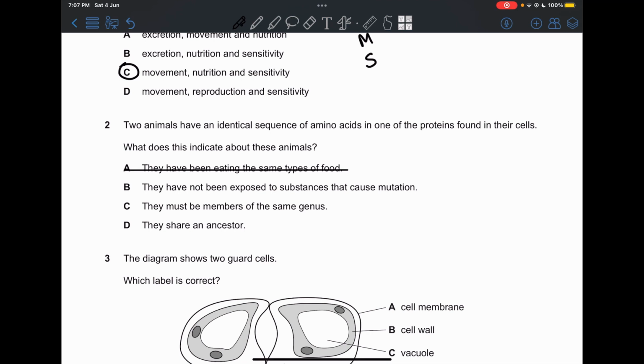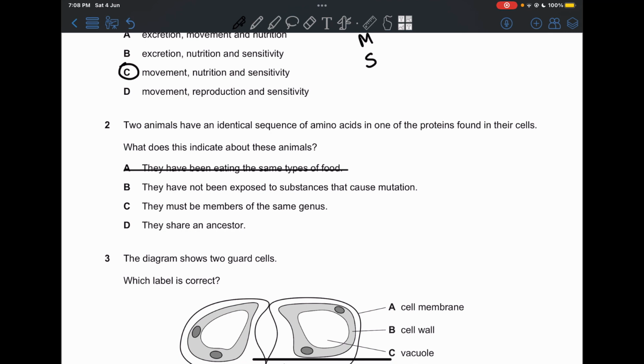Now B, they have not been exposed to substance that cause mutation. Now even if they did get exposed to substance that cause mutation, the mutation will not be the same in the animals. So for example, let's say an animal got mutation and the other animal got mutation as well. It will not be the same effect on their bodies as both of them. They will both have different effects, of course.